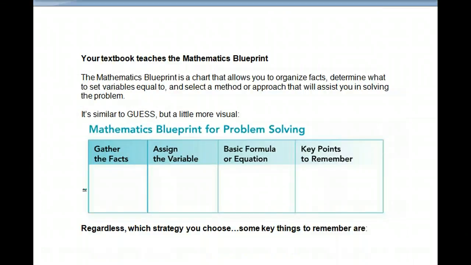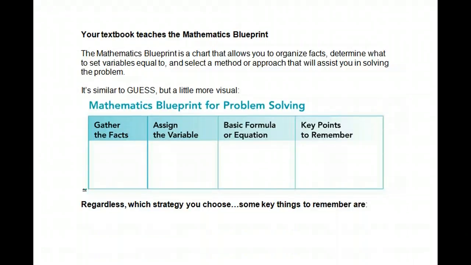Now, I do want to point out to you that the textbook we're using for this course teaches what they call the mathematics blueprint. The mathematics blueprint is a chart that allows you to organize facts, determine what to set your variables equal to, and select a method or approach that will assist you in solving the problem.